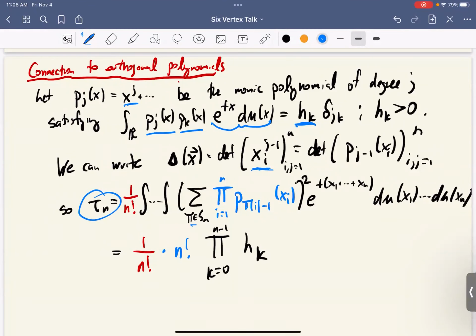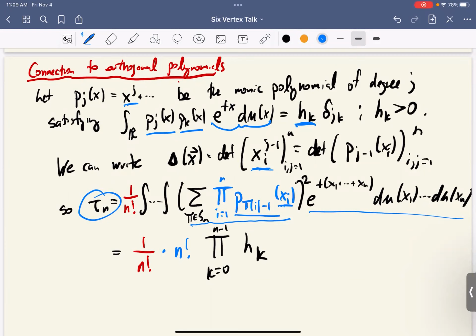I'm just expanding the determinant here of that Vandermonde. And there are many, many terms here. But because the polynomials are orthogonal, when we integrate, most of these terms are going to be 0. The only ones that aren't 0 are the ones where the polynomials are squared in each variable.